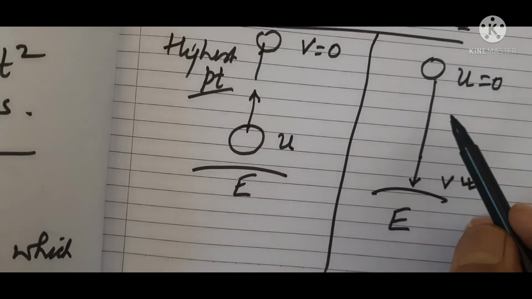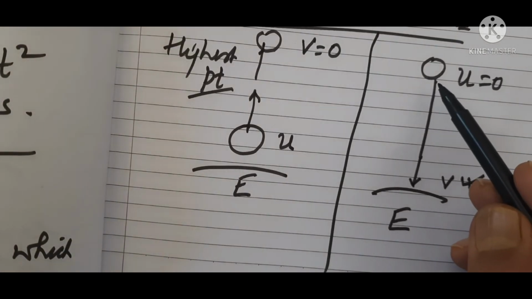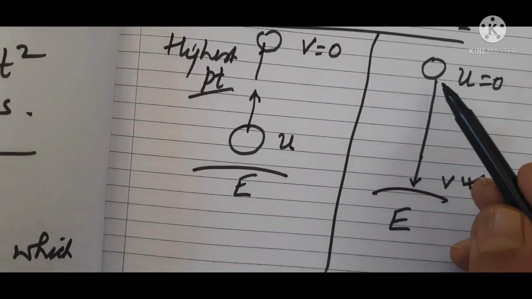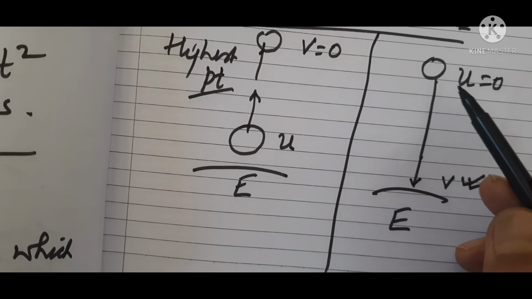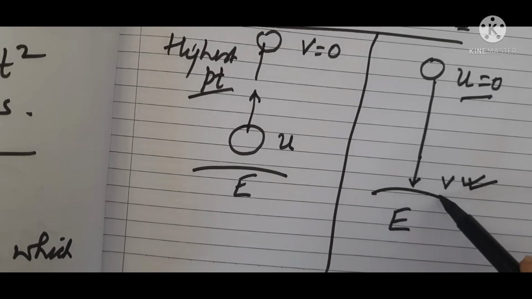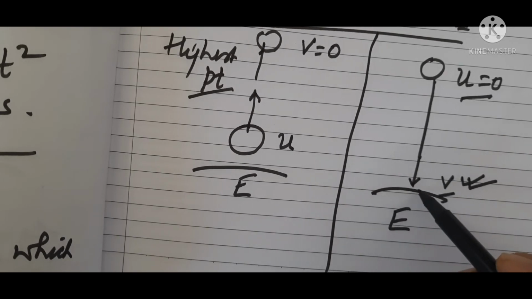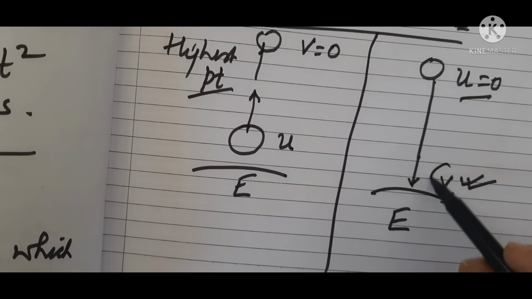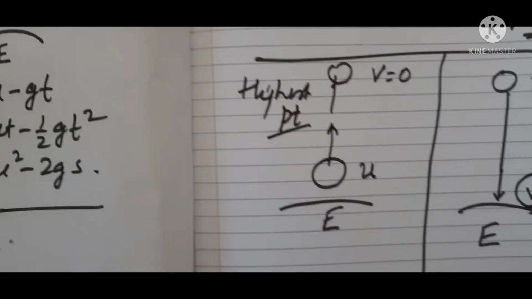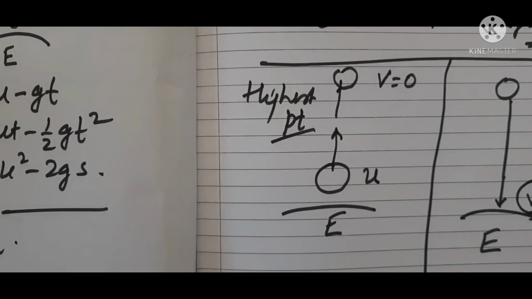And in this particular case, if the object is released from a ledge or the top of a hill or the top of a building, then initial velocity is 0. But the final velocity, when it just reaches the ground, has some finite value. So we can apply these equations and formulas, and we can solve it easily.